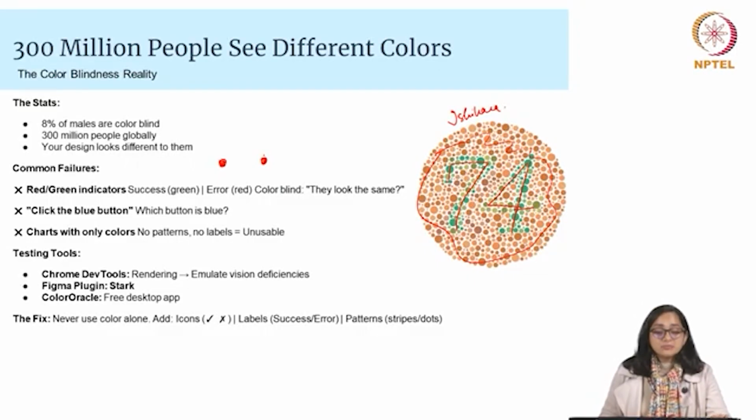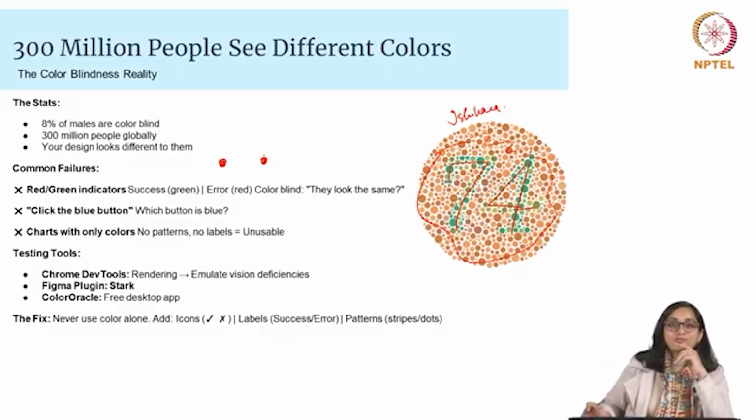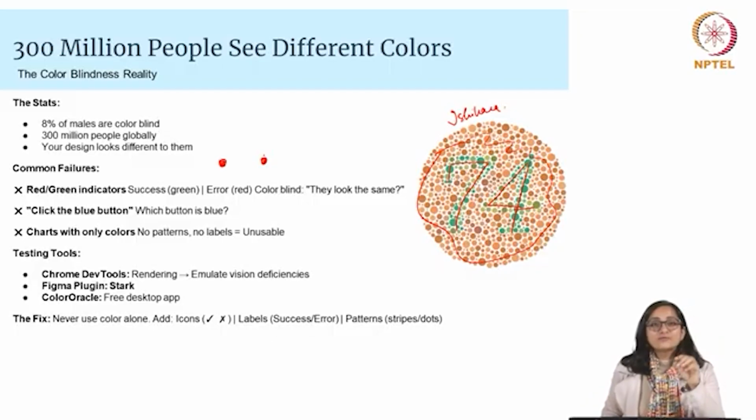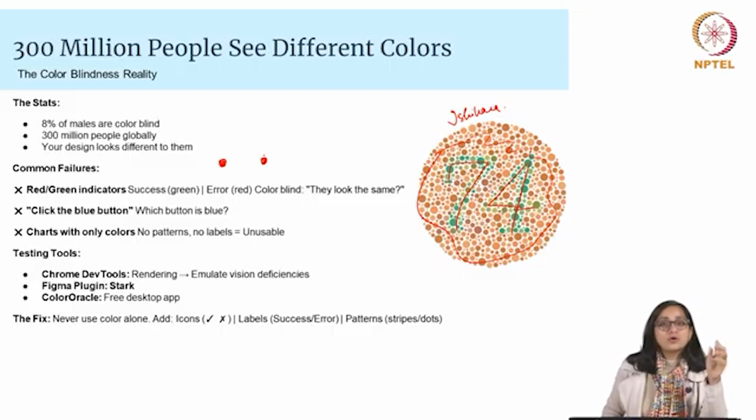Or, I'm sure this is a very great and recent example of this situation. I'm sure you have all seen those veg and non-veg dots which appear on all edible packaging. Earlier, both of them were dots, just different colored dots, green and red.